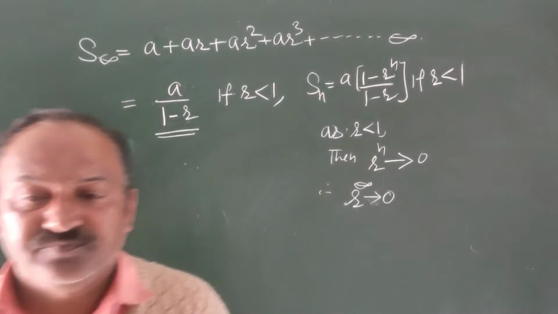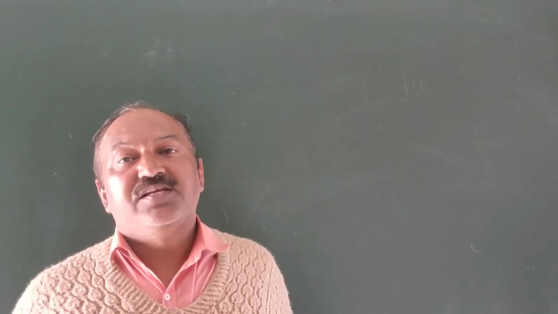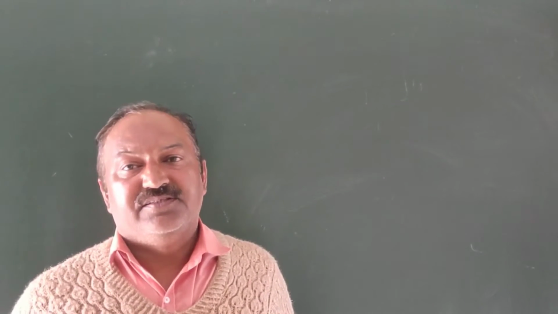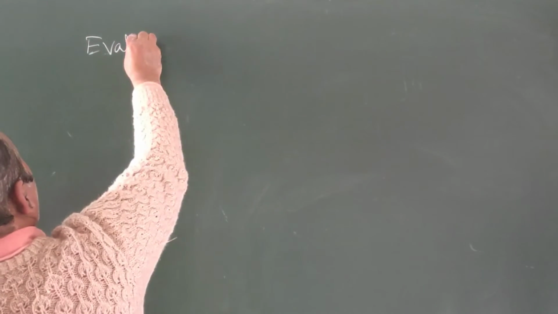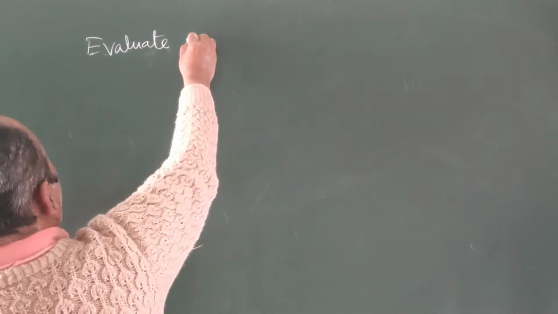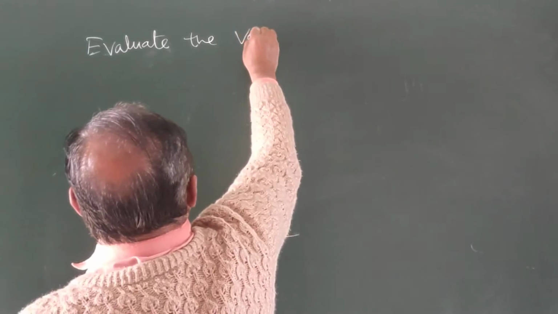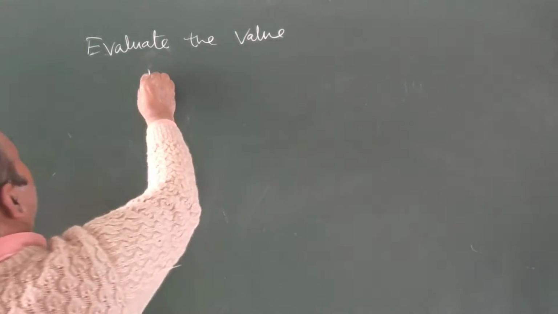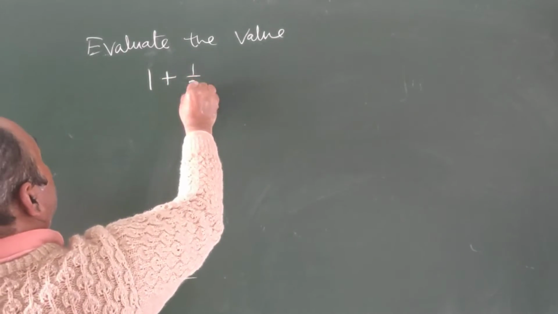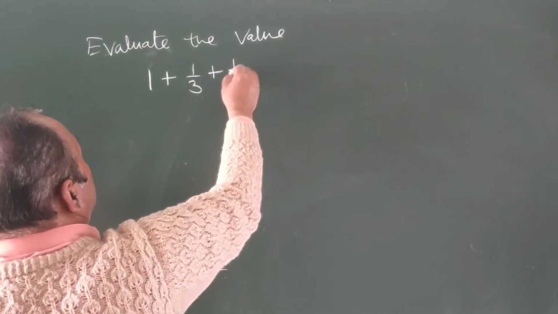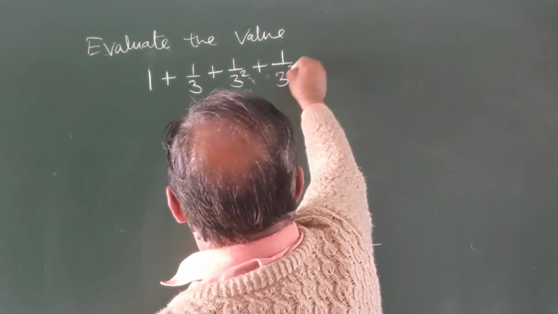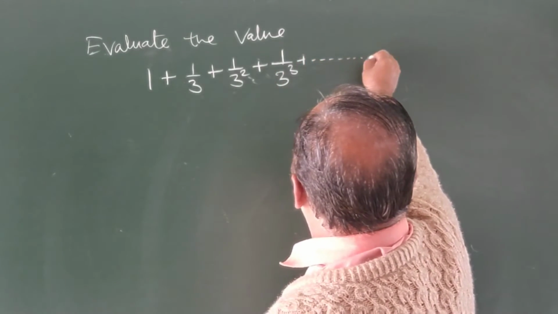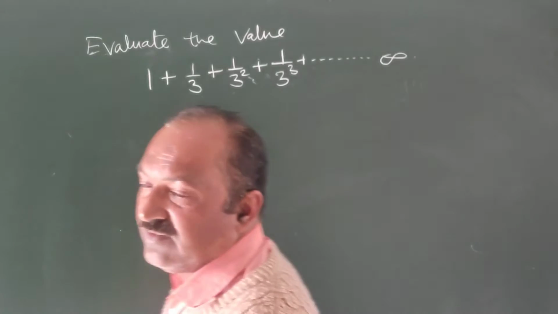That's all. Now let us do some applications of infinite series. The question is, evaluate the value of 1 + 1/3 + 1/3^2 + 1/3^3 + and so on up to infinite terms.